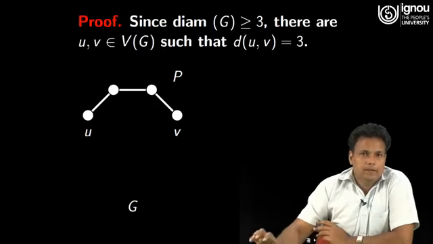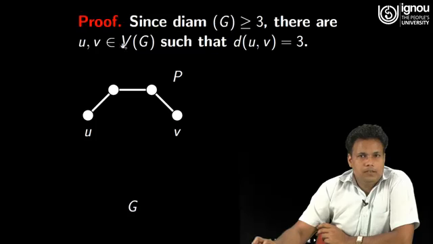So let us pick any two vertices U and V in G such that the distance between them is equal to 3. So let P be a shortest UV path of length 3.